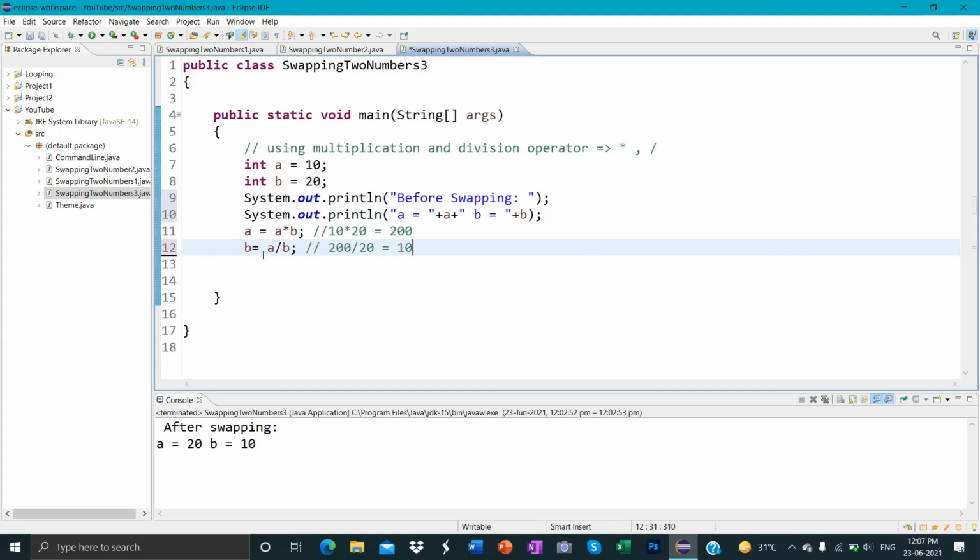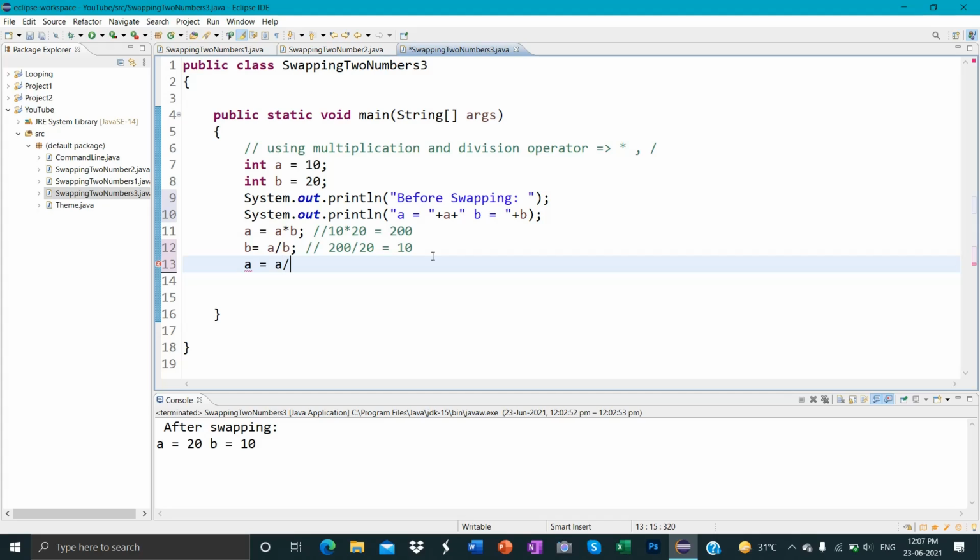See here, now b is equal to 10, and before swapping we had a equal to 10. Now what we want is a must be equal to 20. So for that we will write here a equals a by b again. Why?